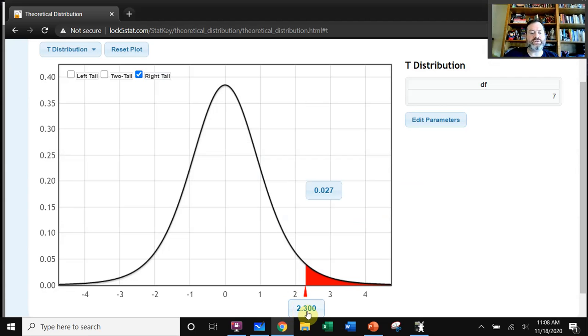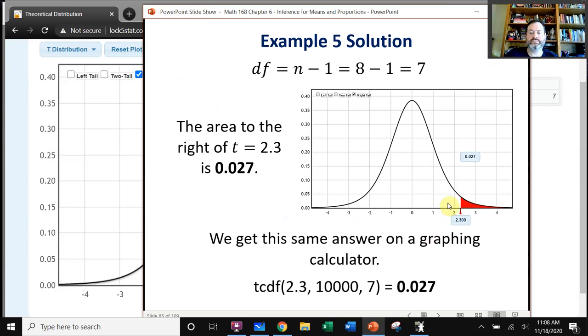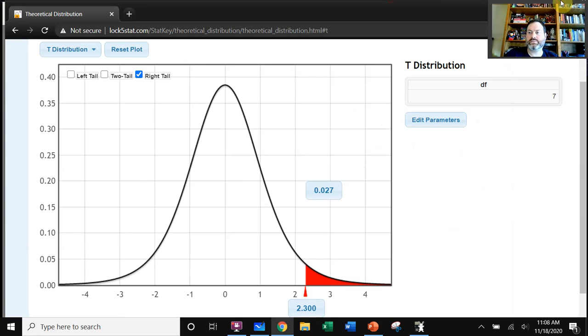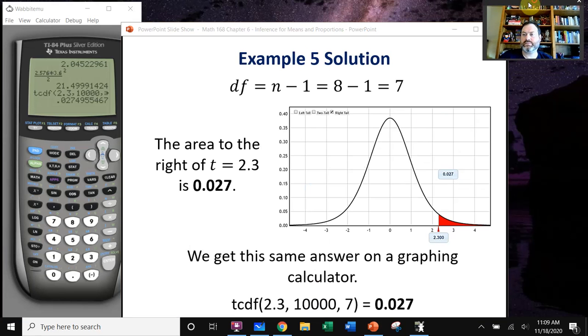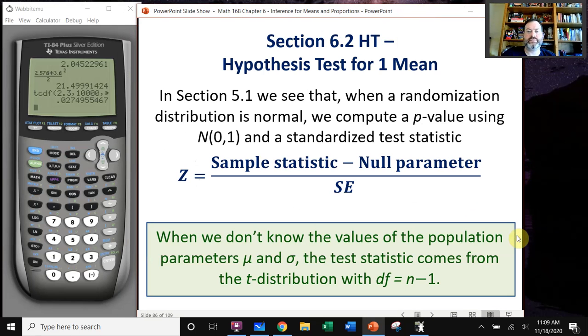Right, so that's your cutoff value. And you can see that if you were to draw it by hand, this is what your picture would look like. Right, pretty good stuff. So nothing too different from the normal distribution stuff.